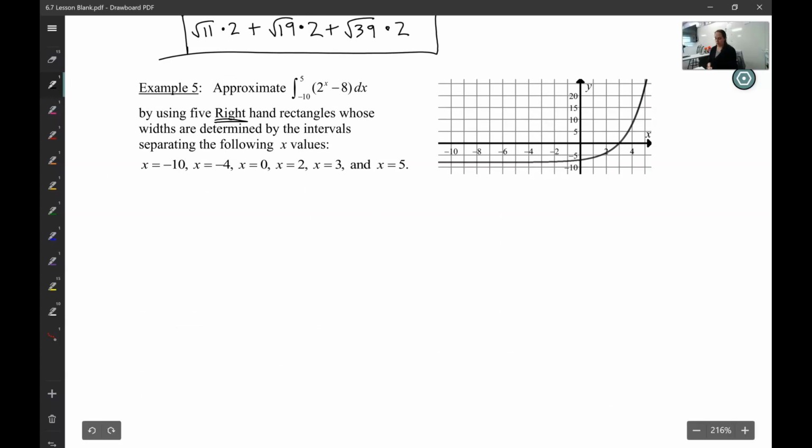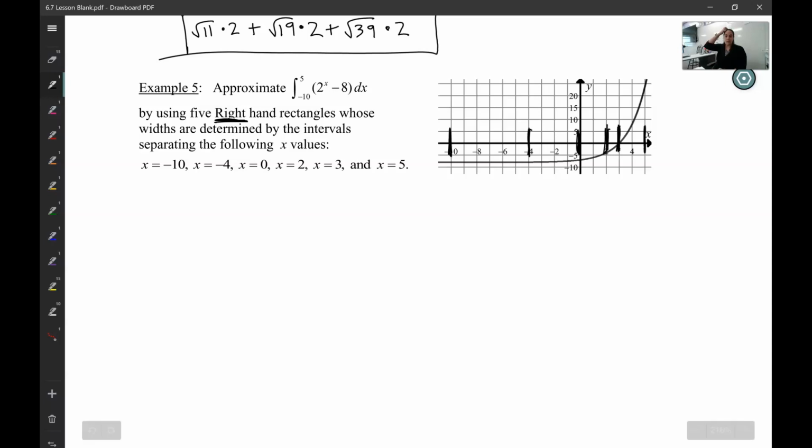Okay, example number 5. We need to do a right Riemann sum, and it gives us our widths. So we're doing negative 10 to negative 4 to 0 to 2 to 3 to 5.